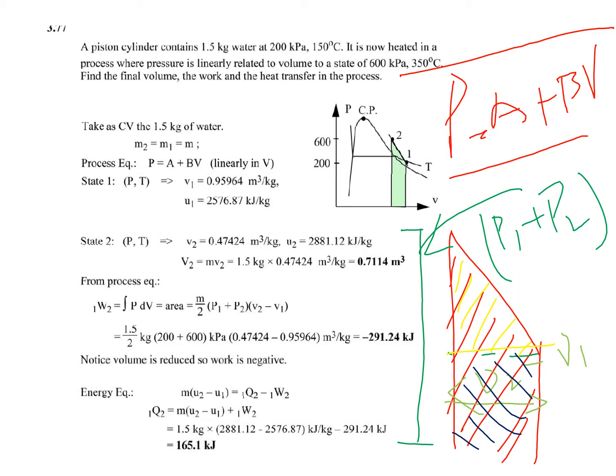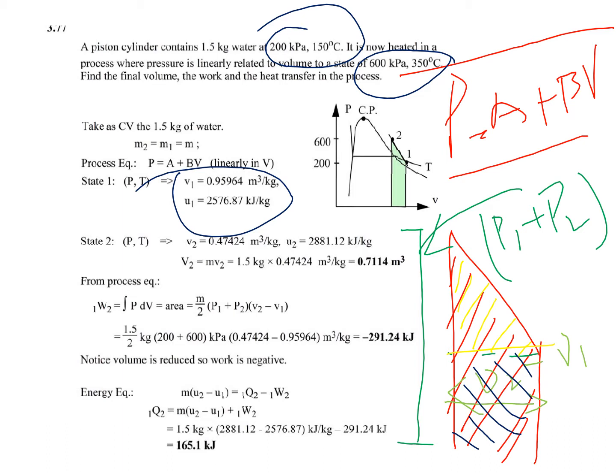So the final state is 600 kilopascal and 350 degrees centigrade. Using the information of initial pressure and initial temperature, we can find the values of volume and internal energy from the thermodynamic tables, and similarly for the final state.